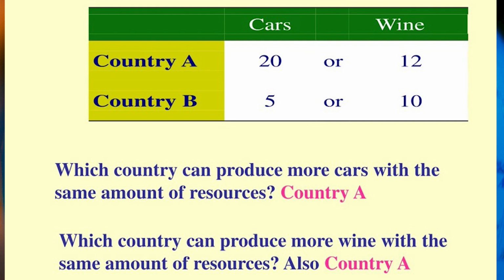So if we see the table again, what we observe is that country A can produce more cars and more wine with the same amount of resources than country B. Now, since country A is more productive in the production of both goods, it is said to possess an absolute advantage in the production of both commodities.